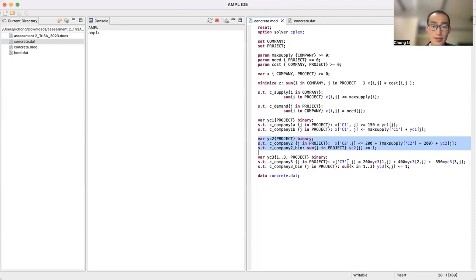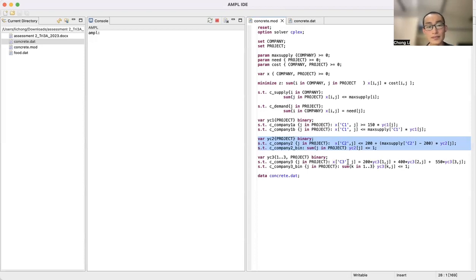This line basically means that if you are going to supply concrete to a certain project, the quantity cannot exceed the maximum supply of company two. The next line says the sum of YC2G over G is smaller than and no larger than 1.